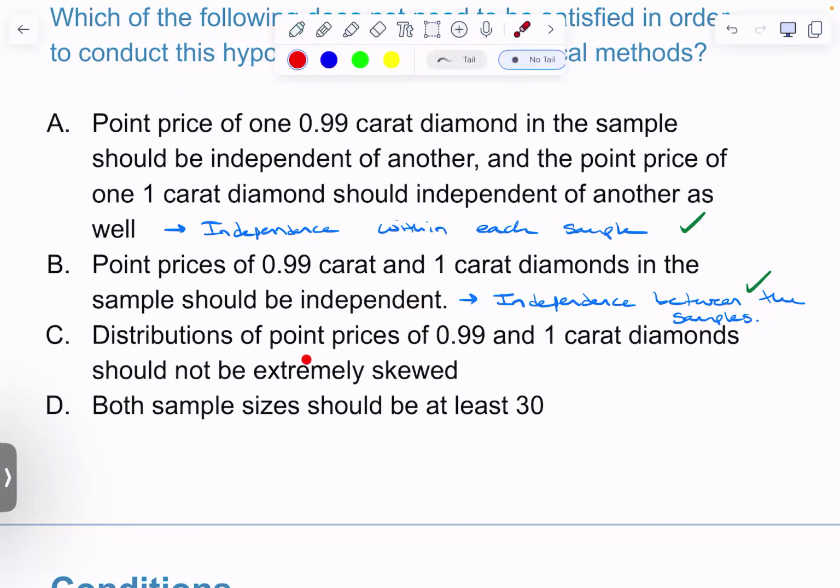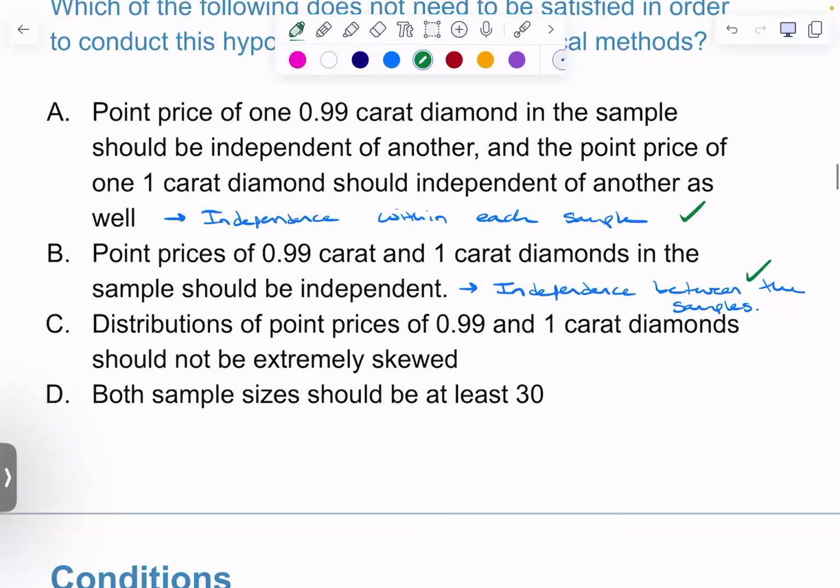The distributions of point prices of 0.99 and 1 carat diamonds should not be extremely skewed. That's broad strokes, not even talking about the sample size being less than or greater than 30, right? This summarizes it in general, right? Even for small sample sizes. And so this is true.